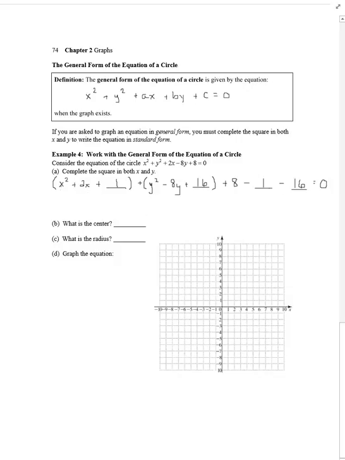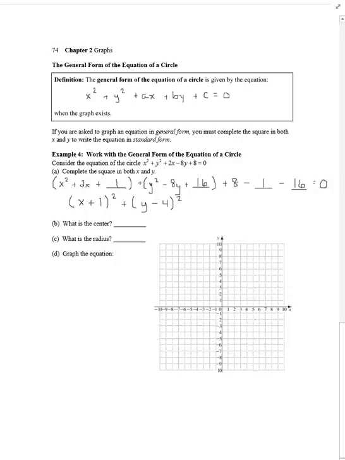Now we just factor. So remember, x squared plus 2x plus 1 factors into x, plus whatever half of the b term is. So that's x plus 1 squared. Same thing for the y's. The b term's negative, so minus, and half of the b term is 4, so y minus 4, and that whole thing is squared. And now we just combine all the numbers at the end.